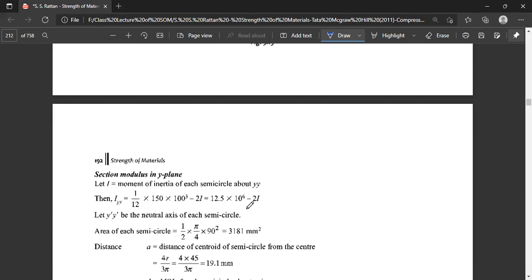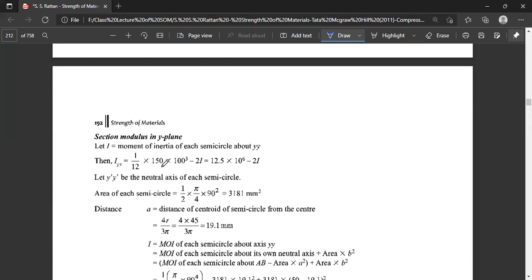Next, minus I, the moment of inertia of each semicircle, it should be multiplied by 2 because we have 2 semicircles, and we have to find out the moment of inertia of each of them about the y-axis. So we put this equation like this: 12.5 times 10 to the power 6 minus 2 into I. Now y dash is the neutral axis of each semicircle.